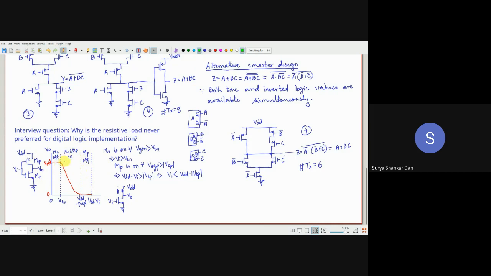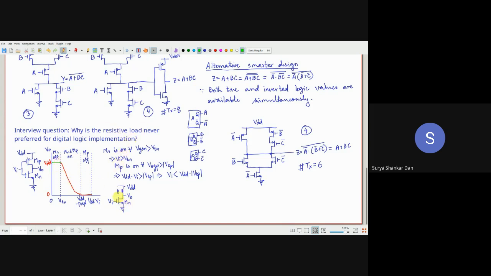Remember that this part from 0 to VTN remains the same, because between 0 to VTN, transistor MN is switched off. So the output node is shorted to VDD through the resistance R. Essentially, you are going to have the same voltage levels over here.